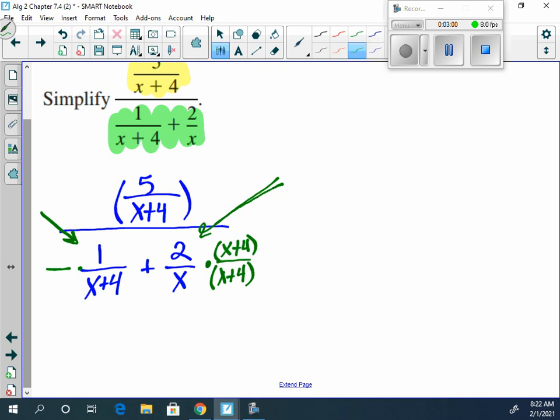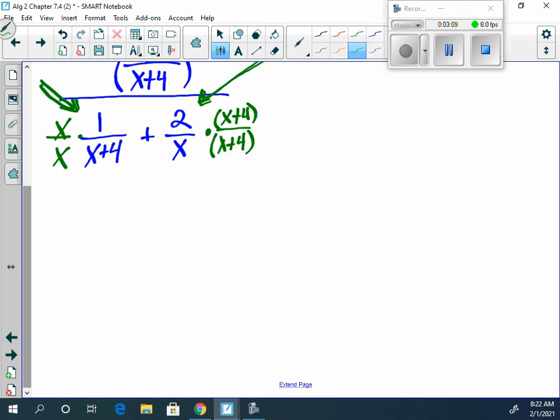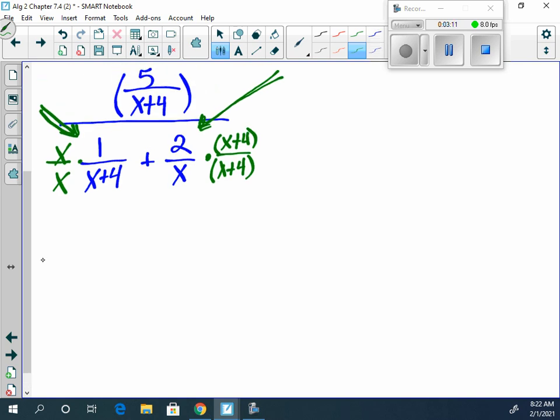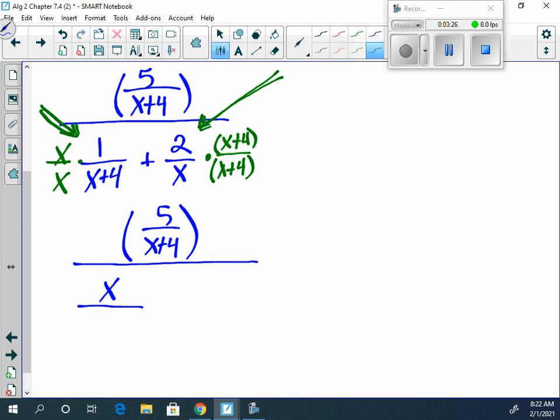It's not really changing anything. Now, if we go the other direction, what does this one have that the other doesn't? The x. Now if we do this multiplication, on the left, x times 1 is x, and on the bottom we have x times x plus 4.